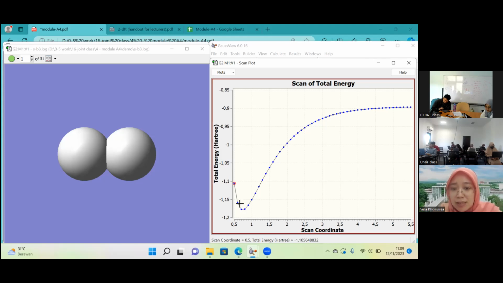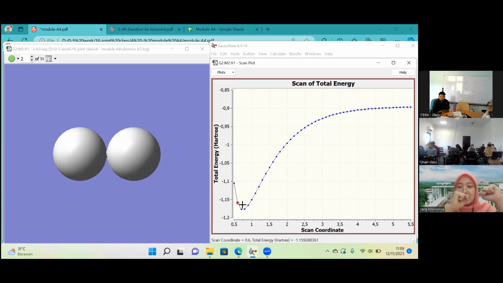So these are the points where we do single point calculations. So this is the first step. At 0.5, we calculate the energy, and then we move the atom to 0.6 because the step size is 0.1. And then we move to the third one.